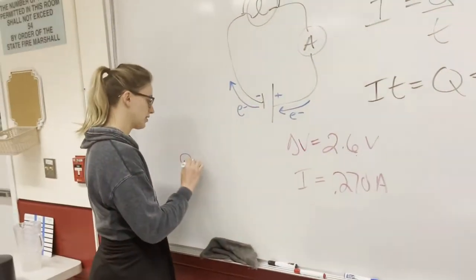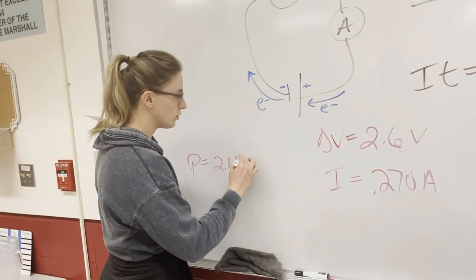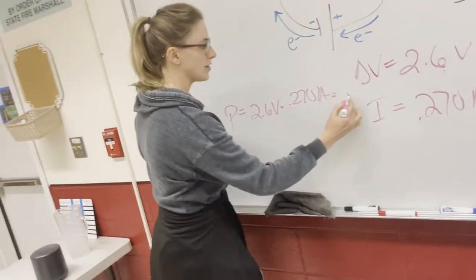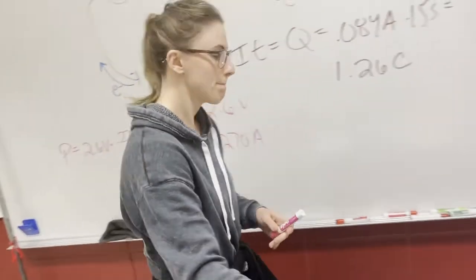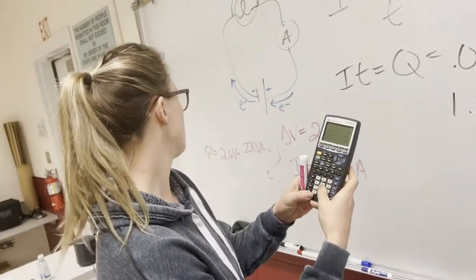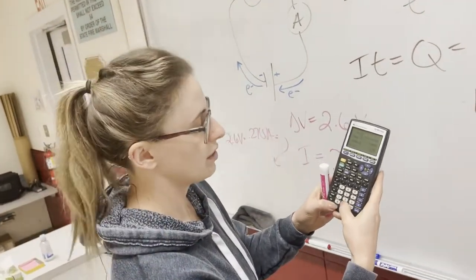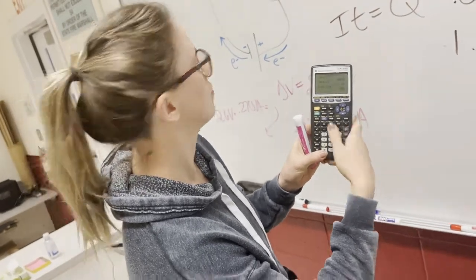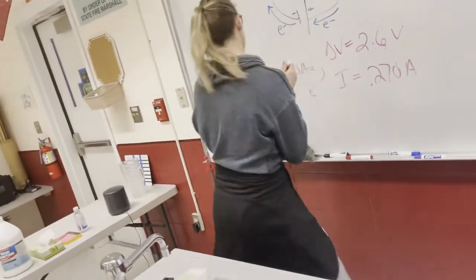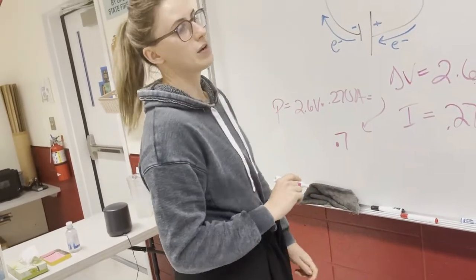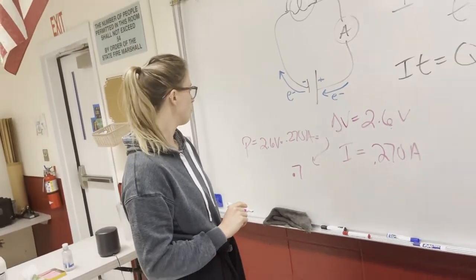So power is going to equal 2.6 volts times 0.270 amperes. And I get 0.702. We'll call it 0.7. And what is my unit? Volts times amps.